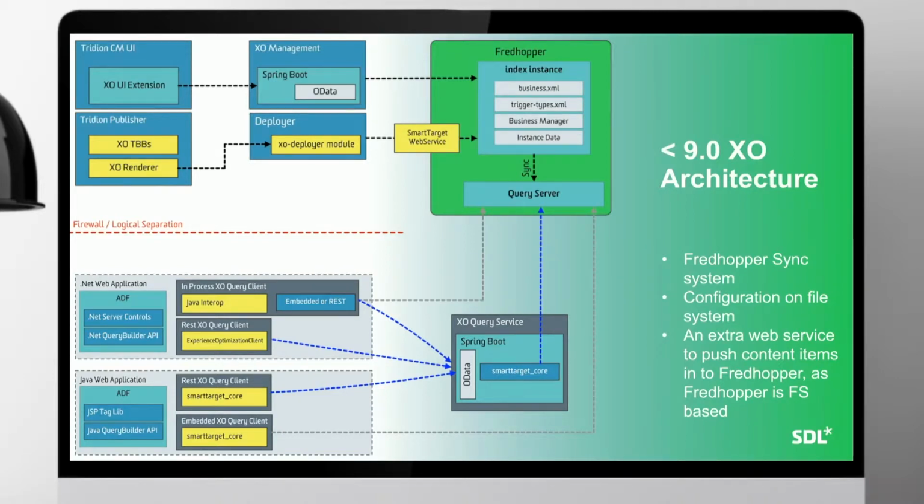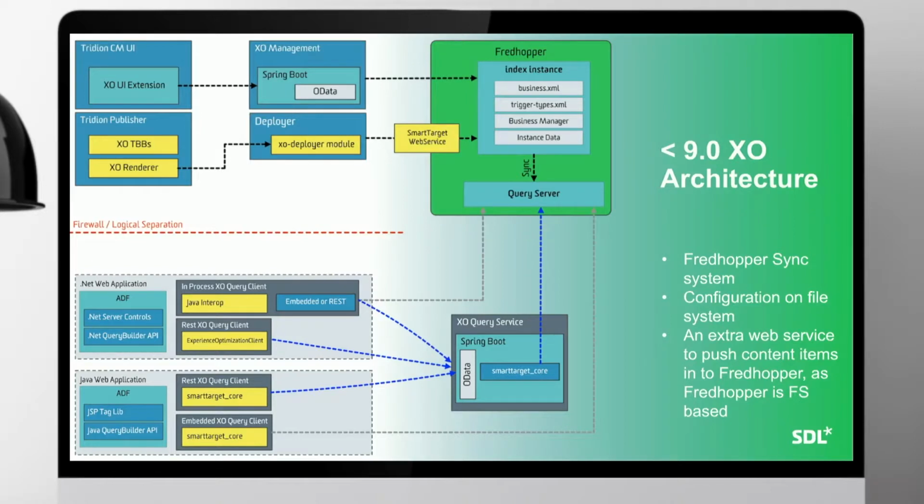And the XO management service is then responsible to store that data in the right way in Fredhopper. At the same time, if you want to show content fragments based on a promotion, the idea was that you had to, and still have to, by the way, publish out dynamic component presentations.